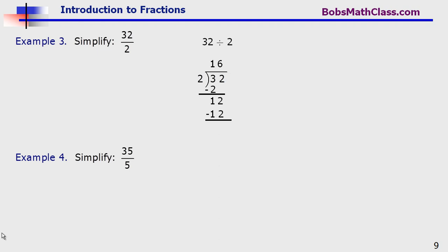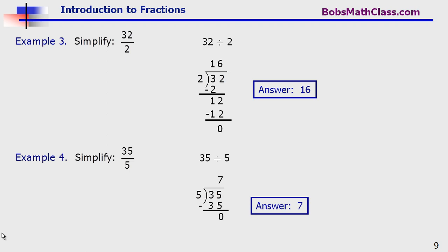No remainder, so our answer is 16. One more of these, 5 into 35. Our answer is 7. So the fraction of 35 over 5 is equal to 7. It simplifies to be 7.